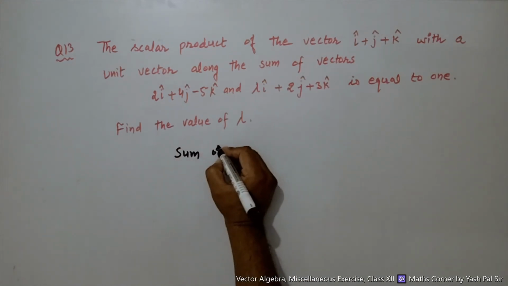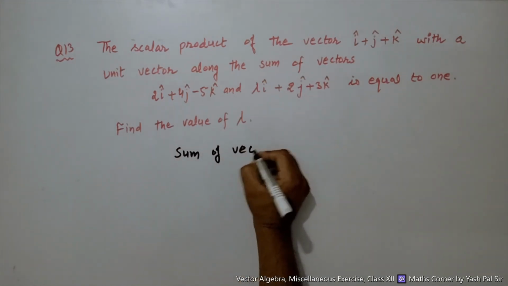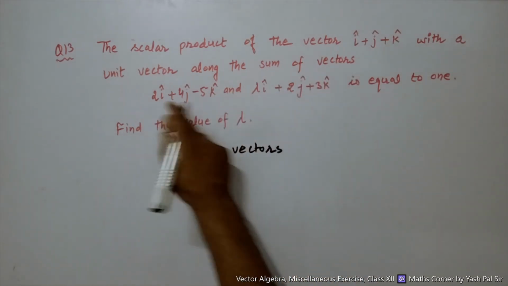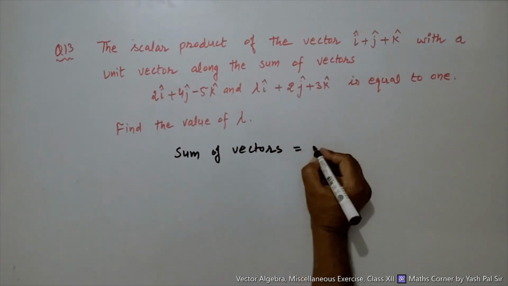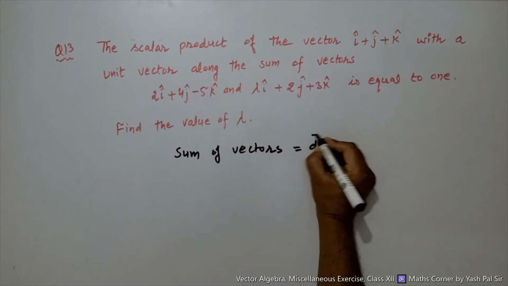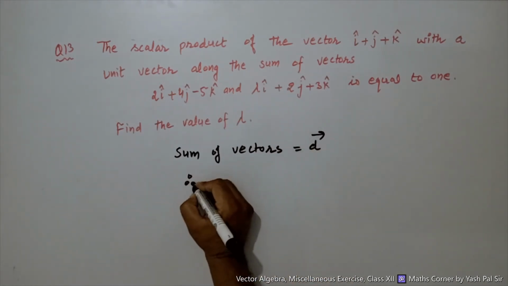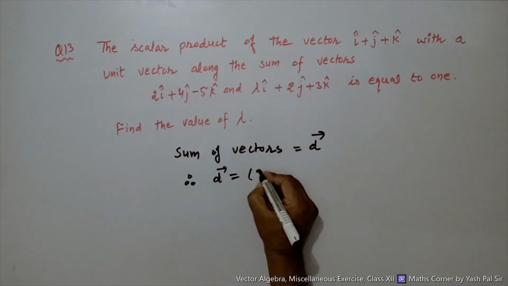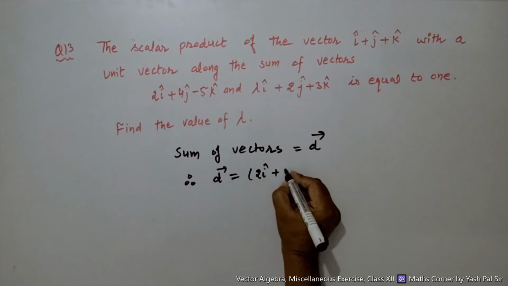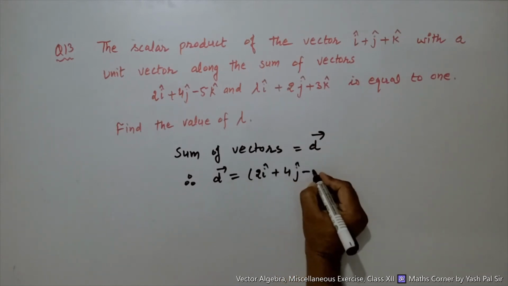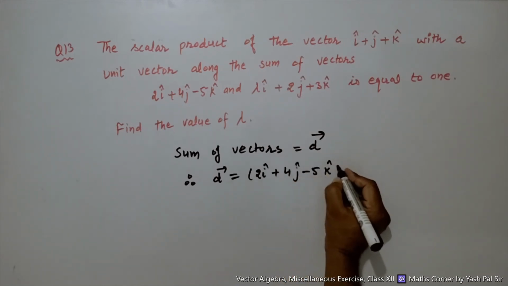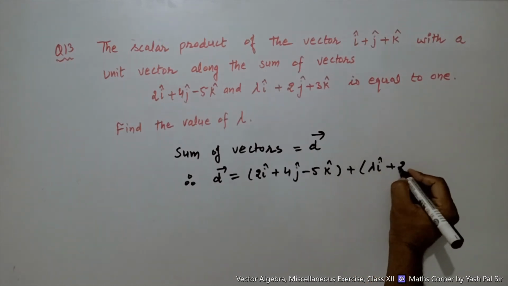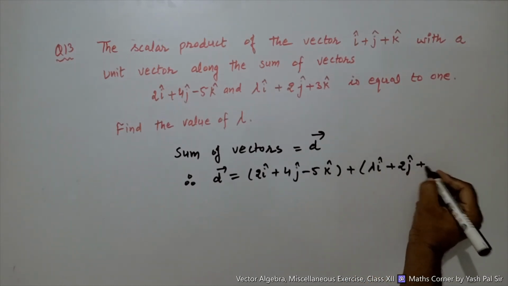So sum of vectors, suppose D. So here D vector is equal to 2i plus 4j minus 5k plus lambda i plus 2j plus 3k.